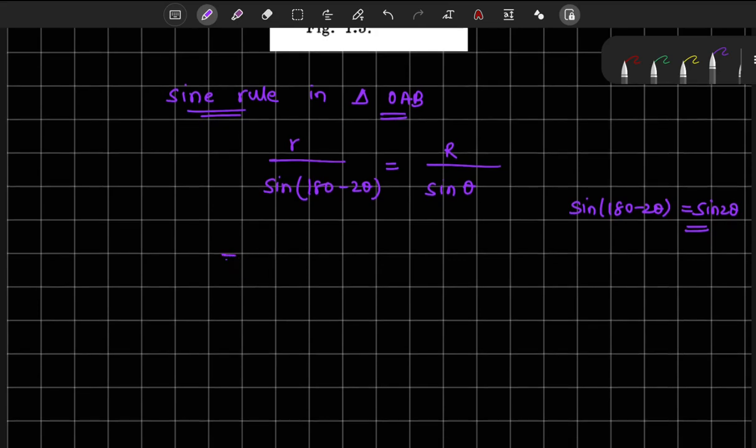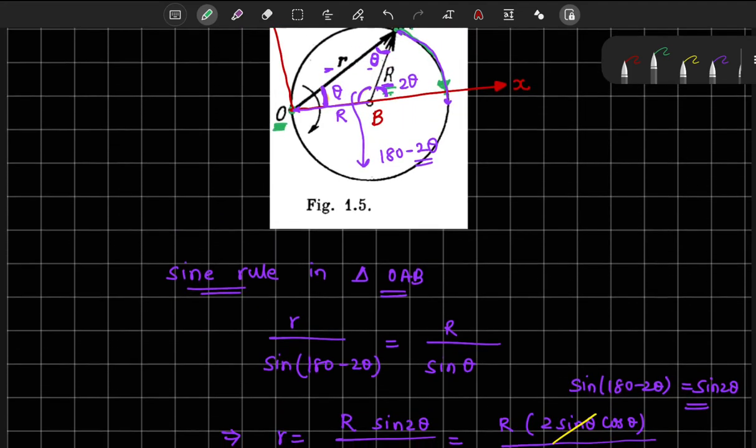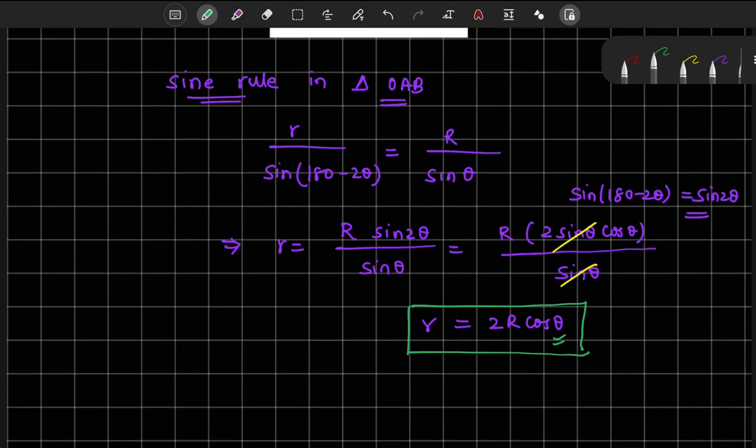So from here small r is equal to R times sine 2 theta divided by sine theta, that we can equate to R times 2 sine theta cos theta whole divided by sine theta. Here sine theta will get cancelled, and we will get small r equal to 2R cos theta. So this is the value of small r that depends upon theta.